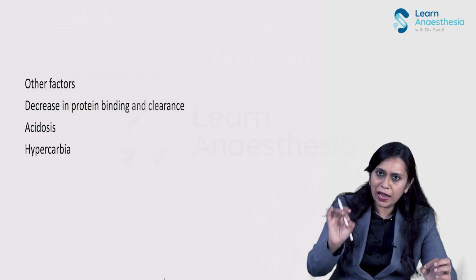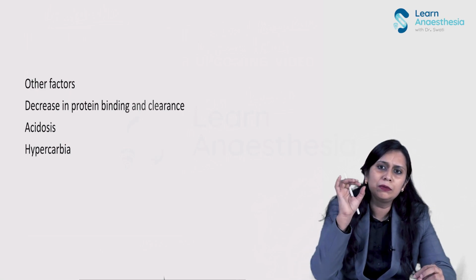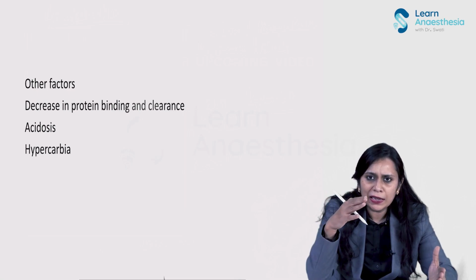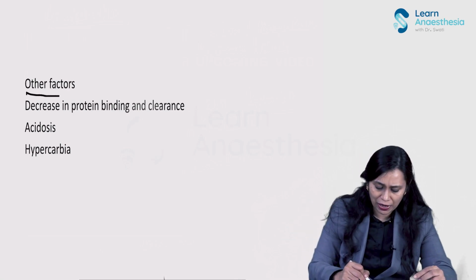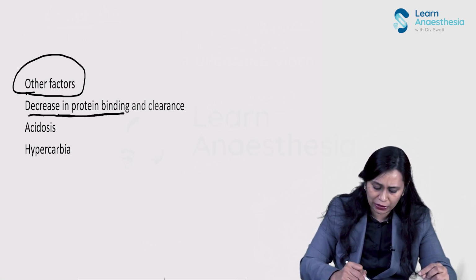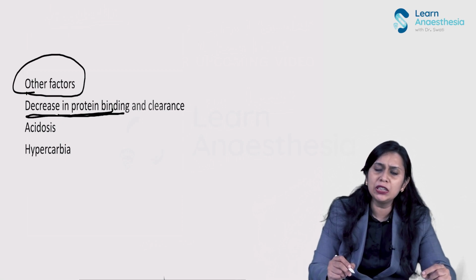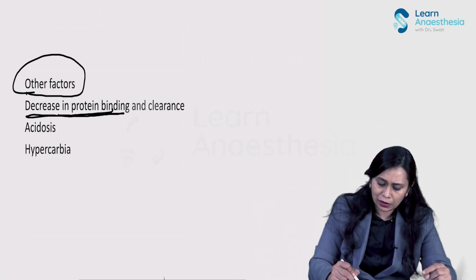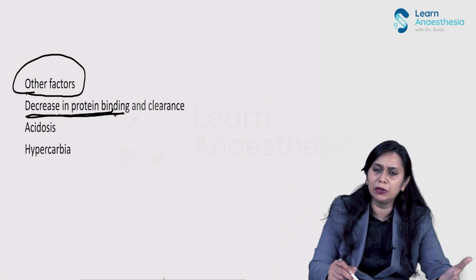Now, there are a few factors which can increase the CNS toxicity. At the same serum concentration, if the patient has a few factors, the risk of CNS toxicity would increase. What are these factors? Decrease in protein binding. Bupivacaine is highly protein bound. In a patient with hypoproteinemia or hypoalbuminemia, there would be decreased protein binding, so more free drug would be available.